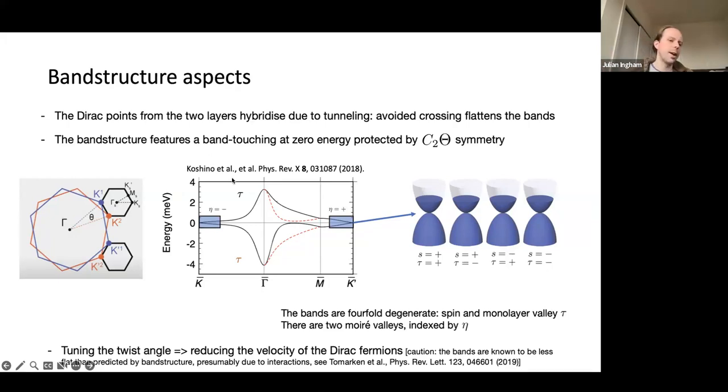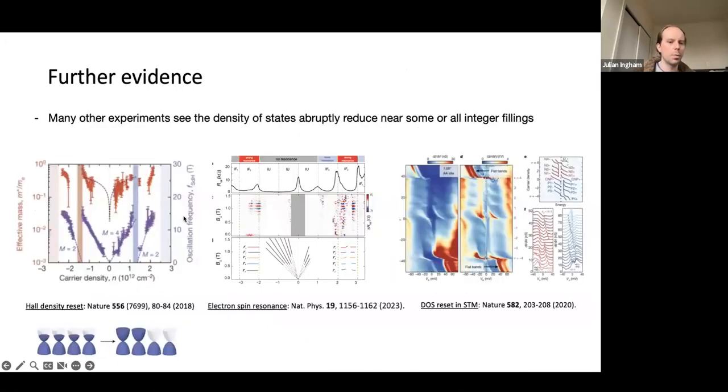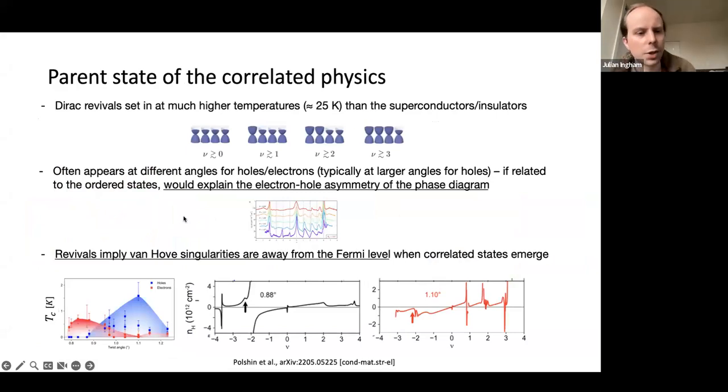You have Van Hove singularities, you have saddle points, you have nesting. But if the chemical potential keeps dropping back to this Dirac point here, the chemical potential never reaches those higher energy regions of the band structure that have these novel features. The Fermi surface always has this Dirac-like form where you're close to a band touching and you've doped a bit above it.